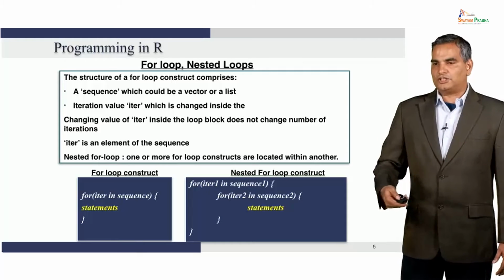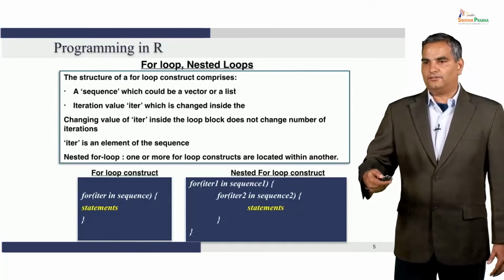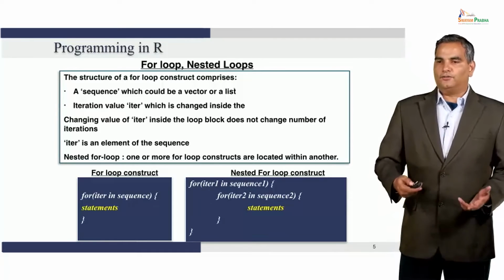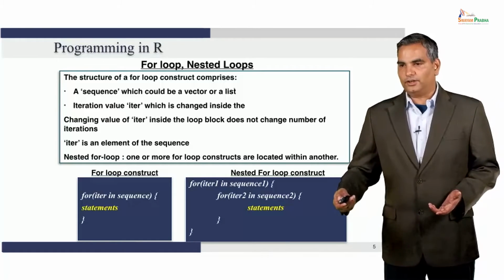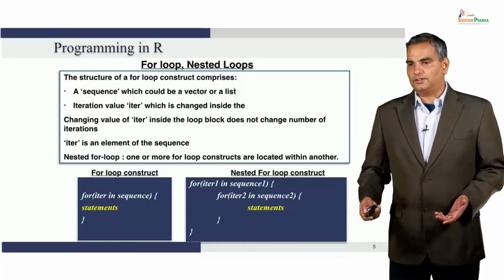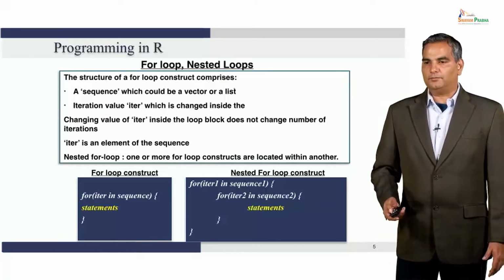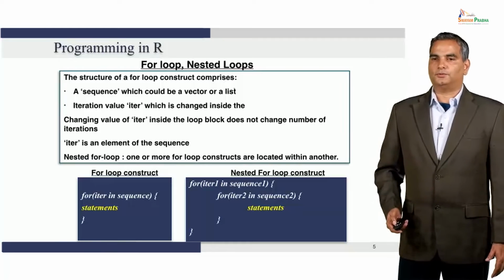You could have, much like what we talked about in terms of if, else if, and so on, nested for loops. You could have an outer for loop with an iteration looking at a certain sequence 1. You could have an inner loop which is looking at another sequence 2, and then you have a set of statements which keep getting implemented as we go through these for loops.